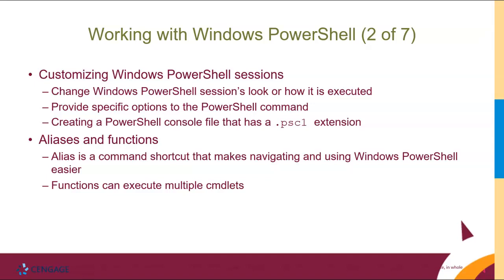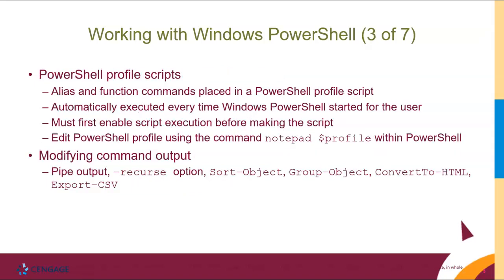Same idea there. And then you have PowerShell profile scripts. Alias and function commands placed in a PowerShell profile script are automatically executed every time Windows PowerShell is started for the user. I don't really know what you would ever use this for, but it's there.